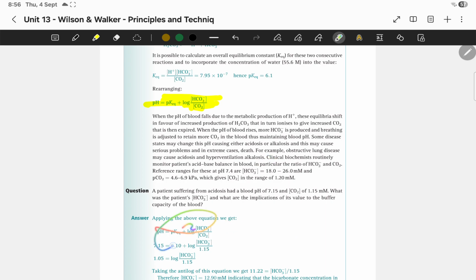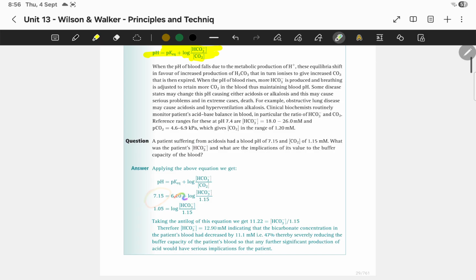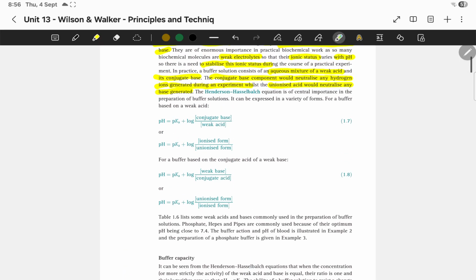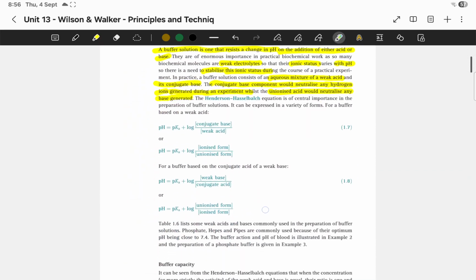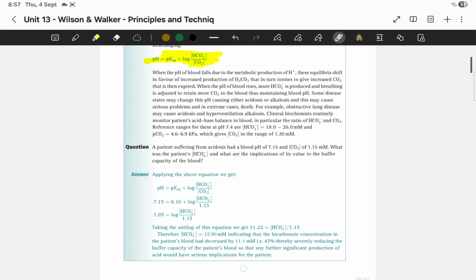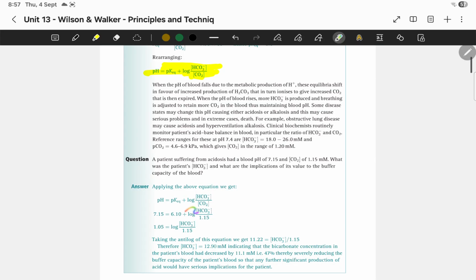So we'll take this formula. We'll put in 7.15. The pK equilibrium is 6.10. This is constant. Then it is a given value, we need to find this value.